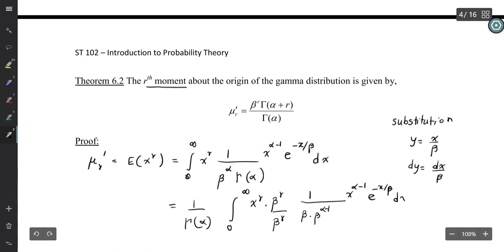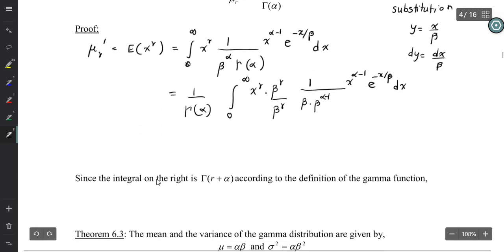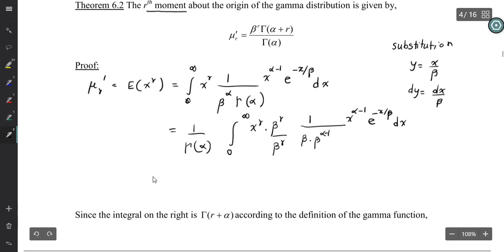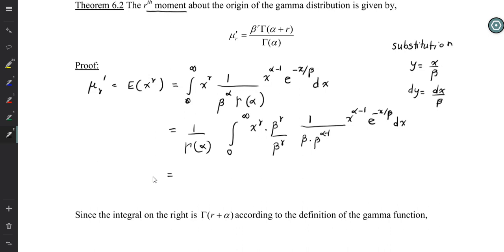If you cannot understand this, go over this again and again, and then you will be able to understand it. So now, what do we have here? This extra beta to r, I'm going to take it outside. This beta to the r.